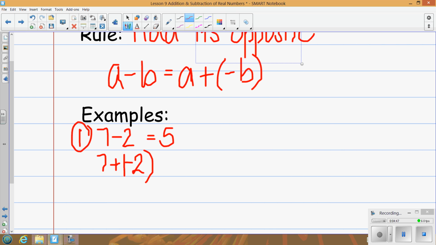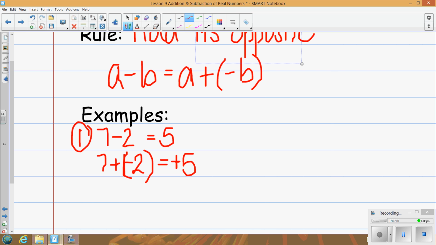So I'm changing the sign to addition, changing the sign of the positive 2 to negative 2. Then when you're adding, you have opposite signs. So you subtract, you keep the sign of the bigger number, you just get positive 5. That probably seems kind of silly because it's just 7 minus 2, which you know is 5.